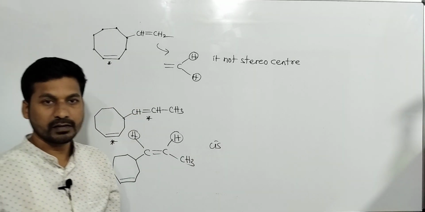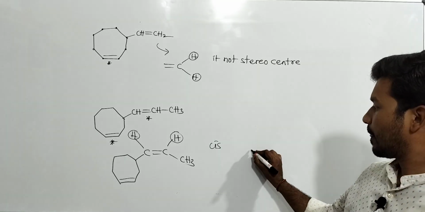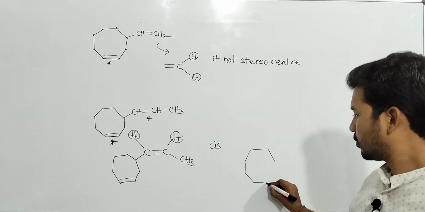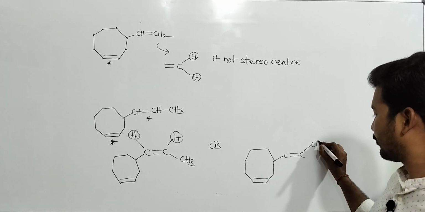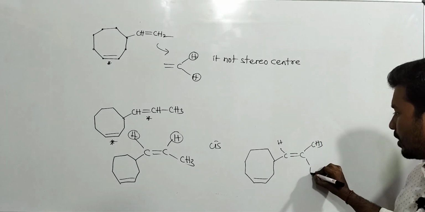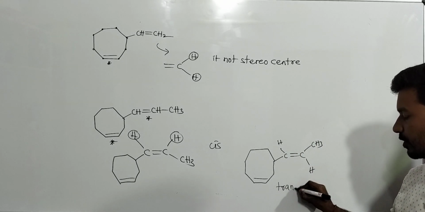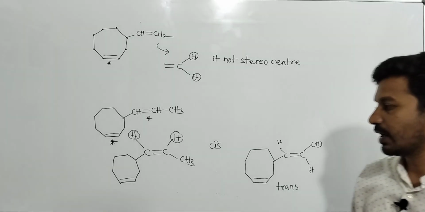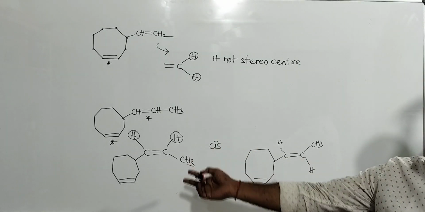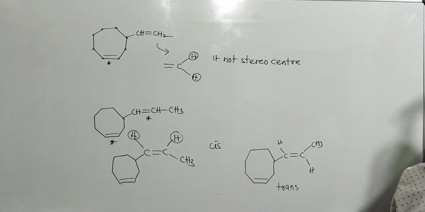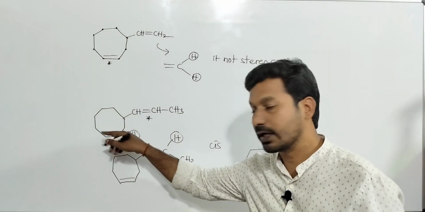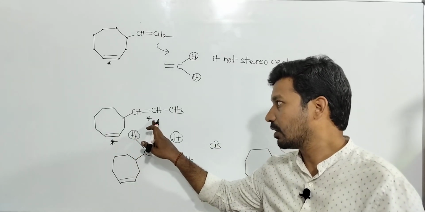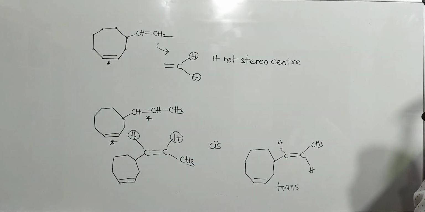If you write it differently, that becomes trans. If you write like this, does it become trans or not? Yes, trans. Thus, this molecule shows geometrical isomerism. How many stereo centers? 2 stereo centers. 4 geometrical isomers are possible on account of this one. One is cis, the other is trans. Cyclooctane, chair form and boat form. Next, on account of this one, 2 isomers. Total 4 isomers possible. Hope you understood.